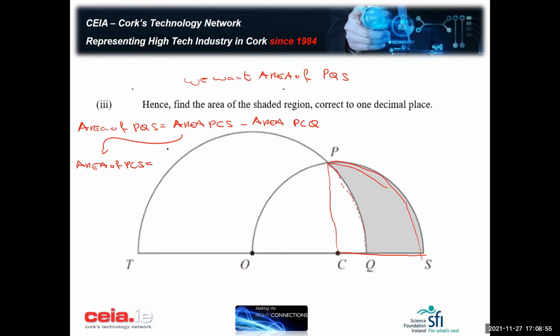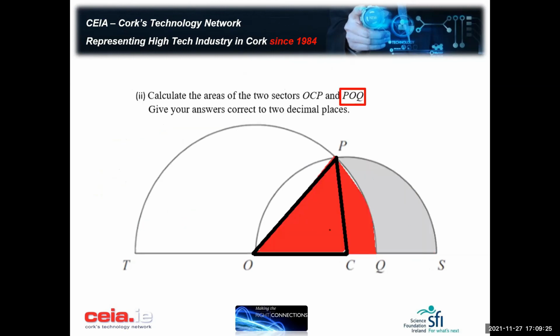Okay, so that's basically a sector of the smaller semicircle. So that is the measure of angle PCS over 360, multiplied by pi r squared. So what is the measure of angle PCS? PCS equals 180 degrees minus OCP. If I go back to the previous, you see there, PCS is in there.